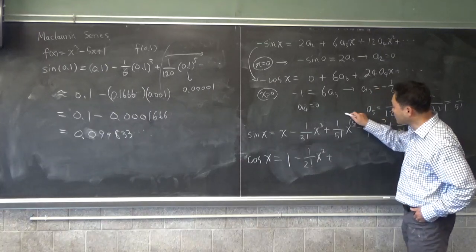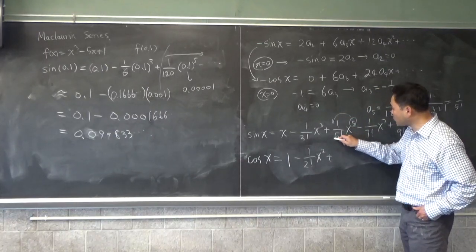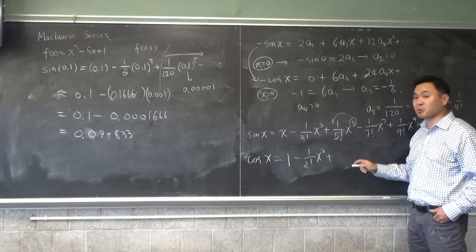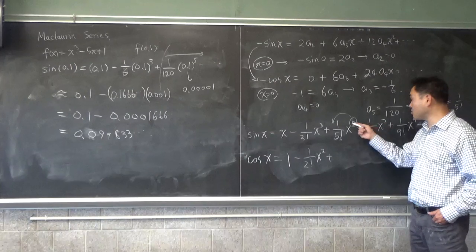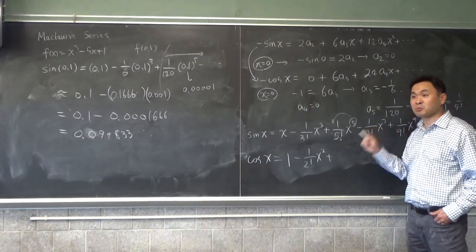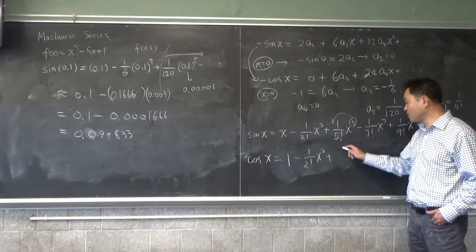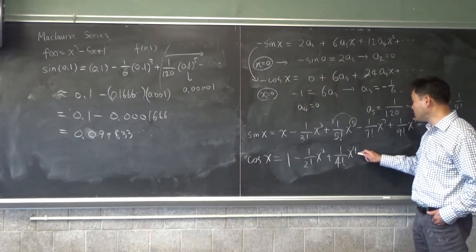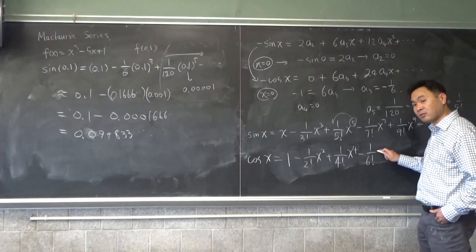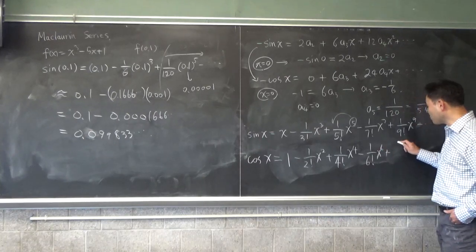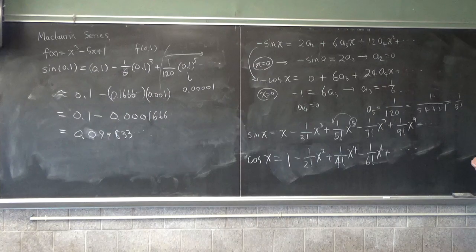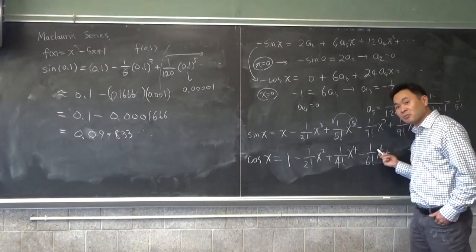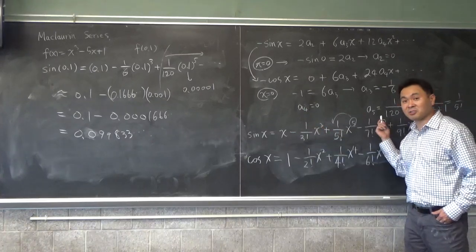Same thing here: 5 will come down, and this 5 factorial is 5 times 4 times 3 times 2 times 1, and because the leading 5 will cancel with this 5, you get 4 times 3 times 2 times 1, which is 1 over 4 factorial x to the 4th, then 1 over 6 factorial x to the 6th, plus, and so on and so on. So now you see that cosine will only have the even terms, whereas sine only has the odd terms.